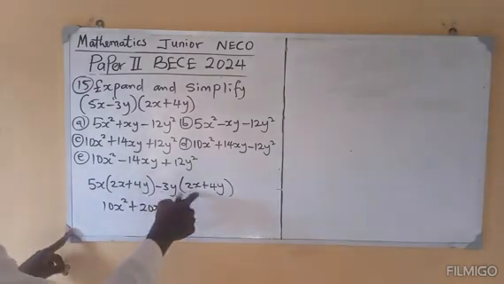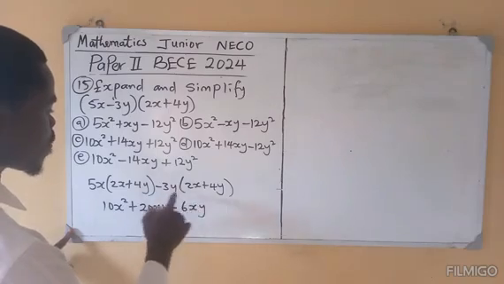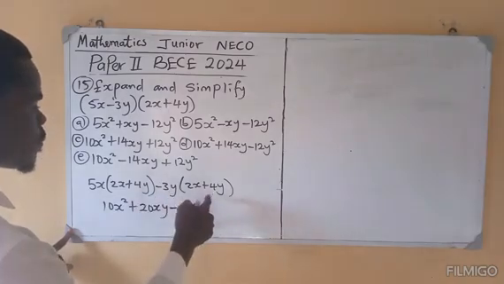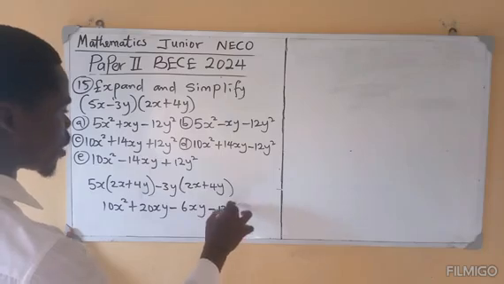Minus 3y times 2x is minus 6xy. Minus 3y times plus 4y gives us minus 12y squared.